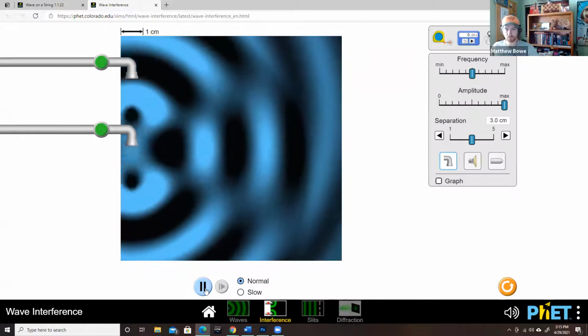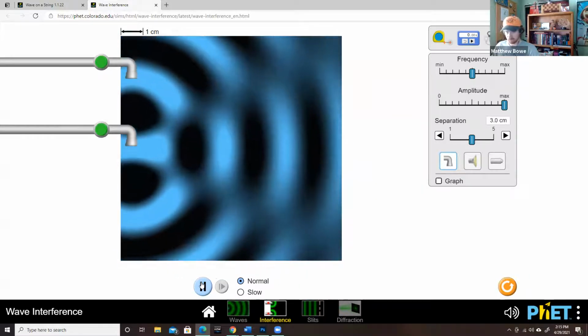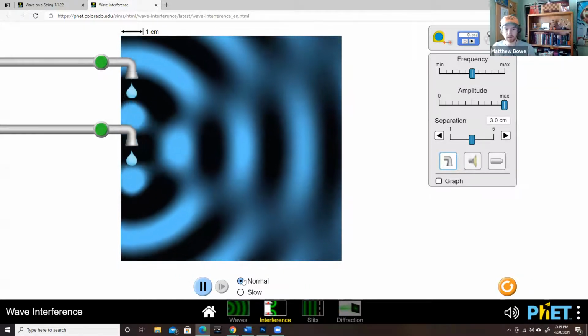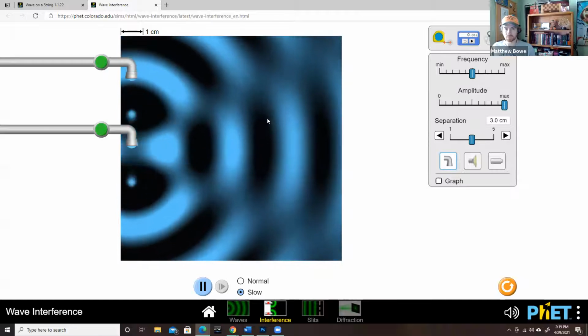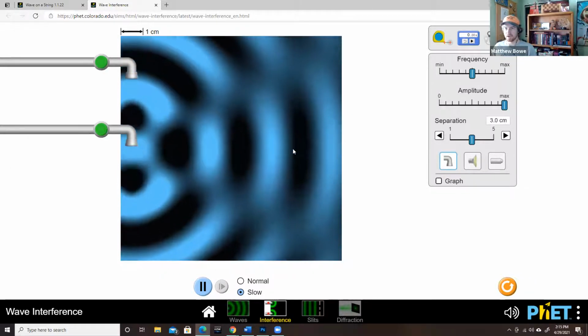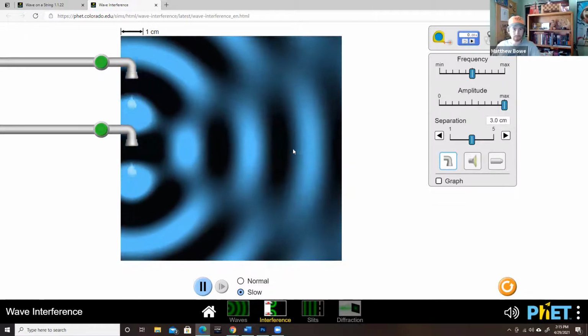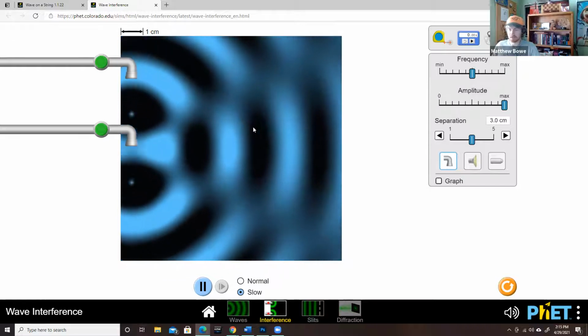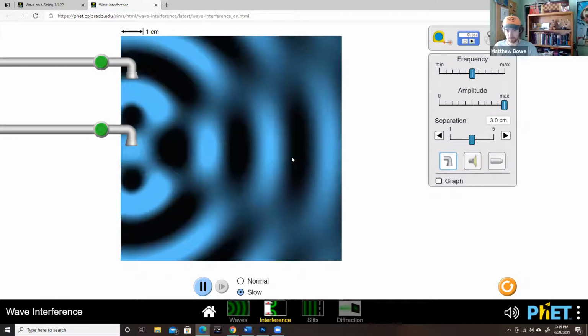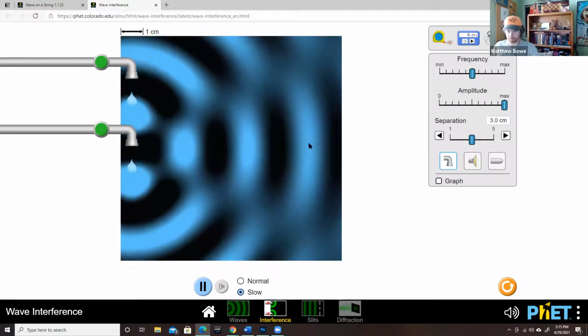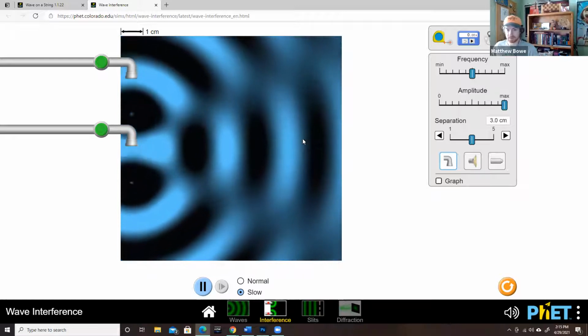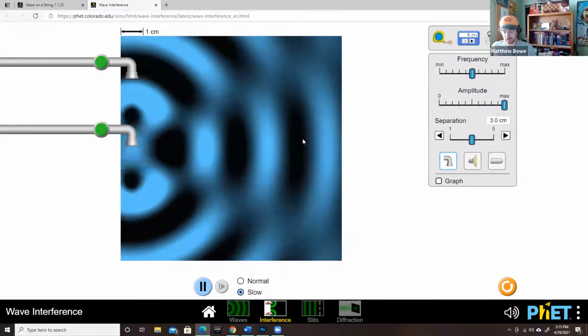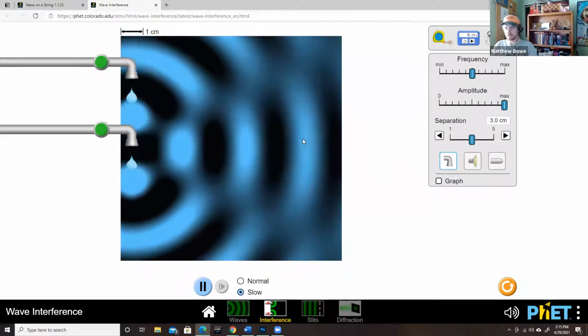We can see as they both start to ripple outwards, create these waves, they make this region in the middle that is kind of offset. And this is the constructive interference region. This is an actual thing we could see if you had 2 faucets that would drip water.